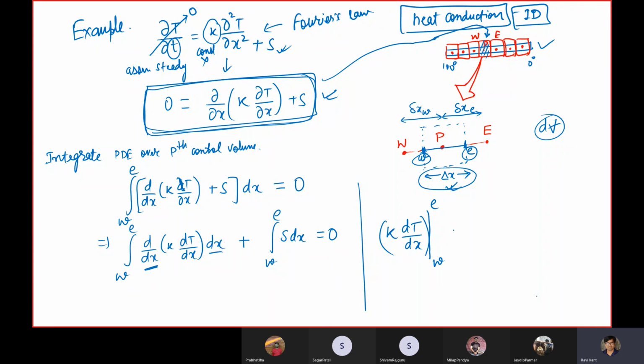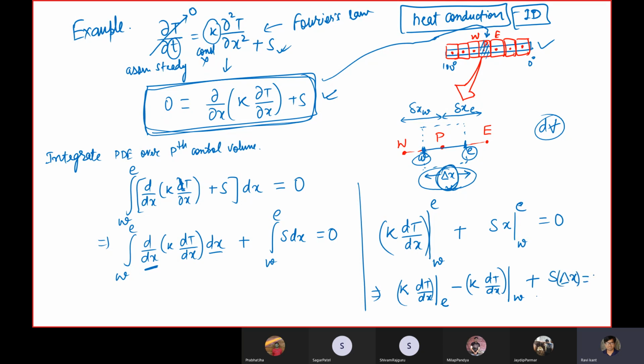Plus S times x evaluated from west face to east face, equal to 0. Then I can write this as k dT by dx evaluated at the east face minus k dT by dx evaluated at the west face, plus S times x evaluated at E minus x evaluated at W, which I write directly as delta x.